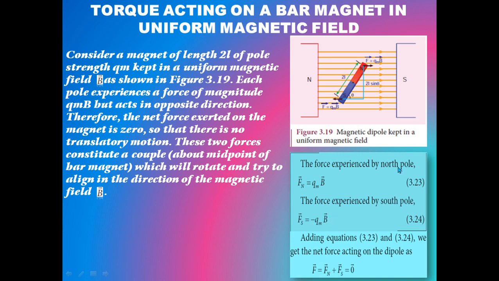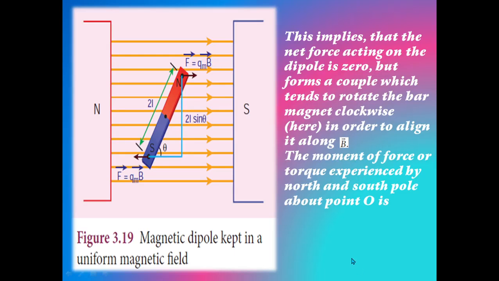Adding these two, both forces are equal but opposite, so F vector equals Fn vector plus Fs vector equals 0. This implies the net force acting on a dipole is 0, but it forms a couple which tends to rotate the bar magnet clockwise to align along the B vector direction.